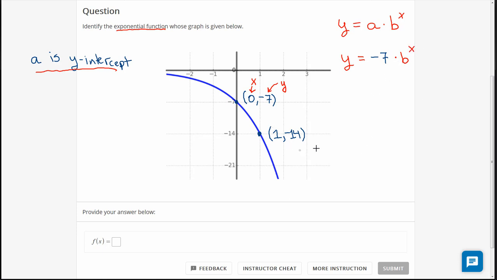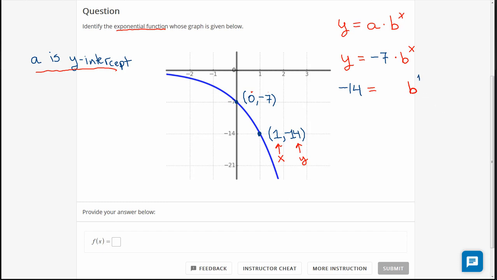Now I'm going to use the other point. When 1 is the x-coordinate, that means that y is equal to negative 14. So in this equation, if y is negative 14, then x has to be a positive 1.